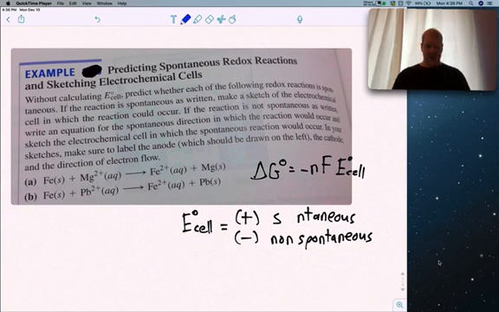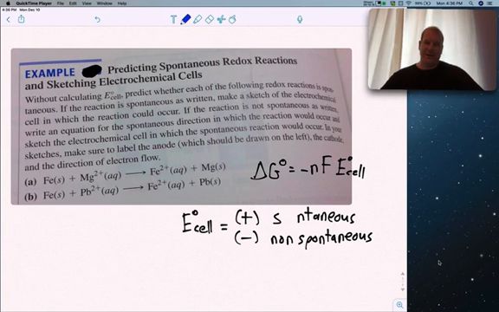So I always think, well, this is coming up next, but remember the Gibbs free energy we talked about last chapter? If Gibbs is 0, it's at equilibrium. If it's positive, it's non-spontaneous. If it's negative, it's spontaneous. Well, the Gibbs free energy is minus n, the moles of electrons, times F, Faraday's constant, times E0 cell, the electric cell potential.